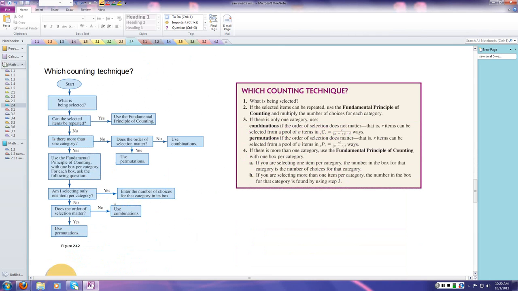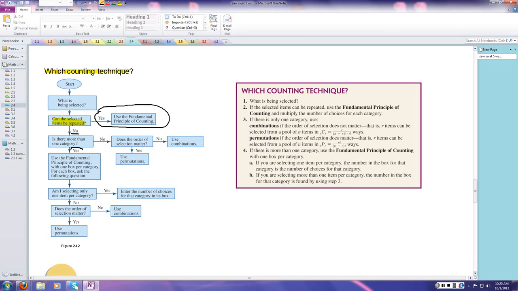So really in this section, it's important to know which technique you're going to use. And like I said before, there's more than one technique that might work if you're looking at it correctly. You want to ask yourself, can the items be repeated? If yes, you're going to use the fundamental counting principle, what we learned in 2.3. If no, are there more than one category?